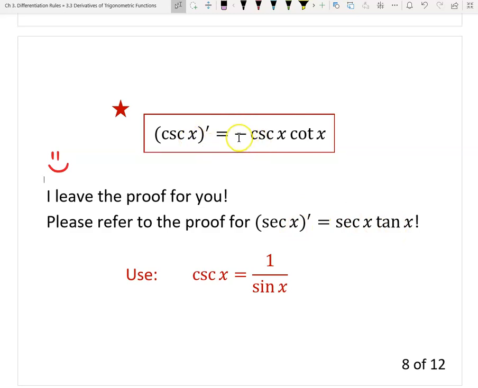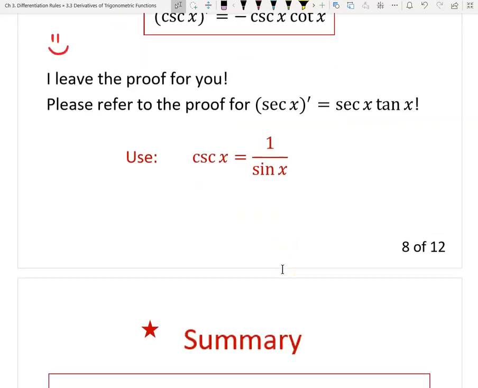It is negative; we always have a negative. Cosecant x times cotangent x. Of course, if you follow the same way, all you need is to rewrite cosecant as the reciprocal, 1 over sine, and then take the derivative with the quotient rule, so you deal with the quotient again. So those are all the formulas.